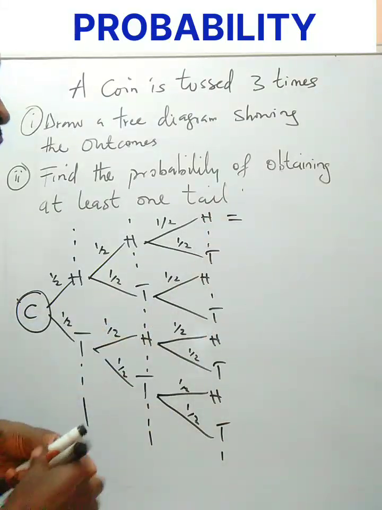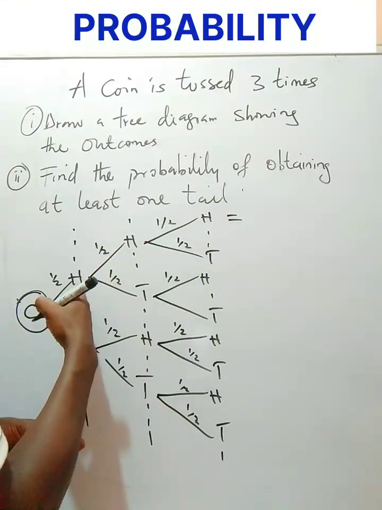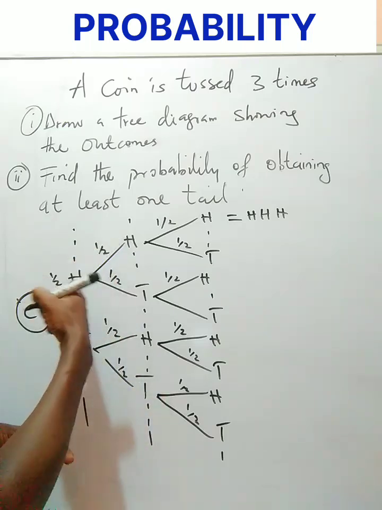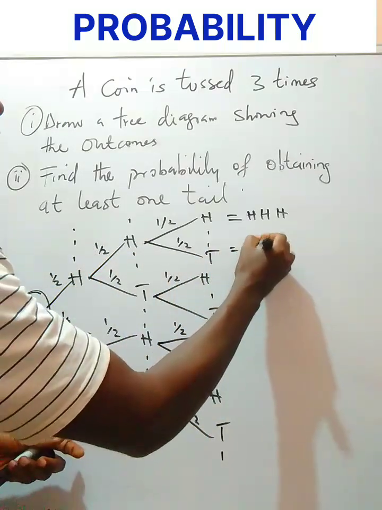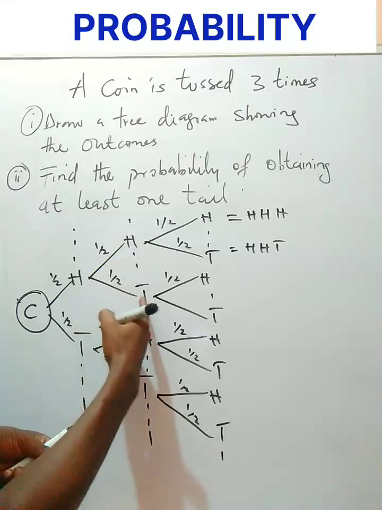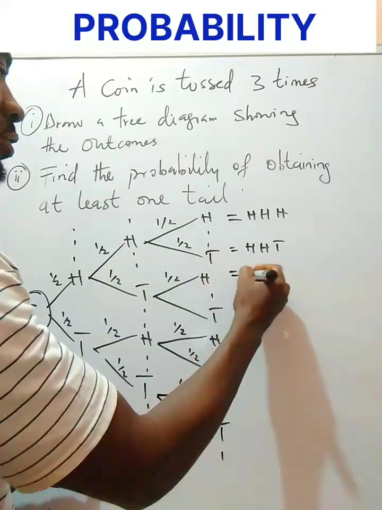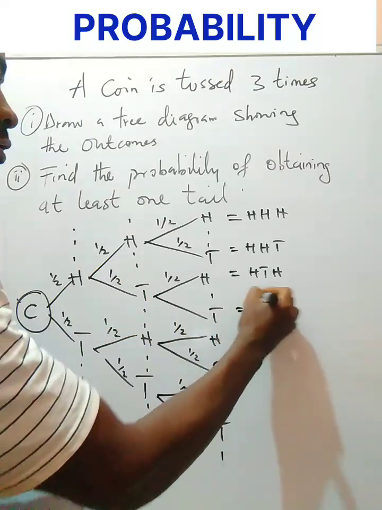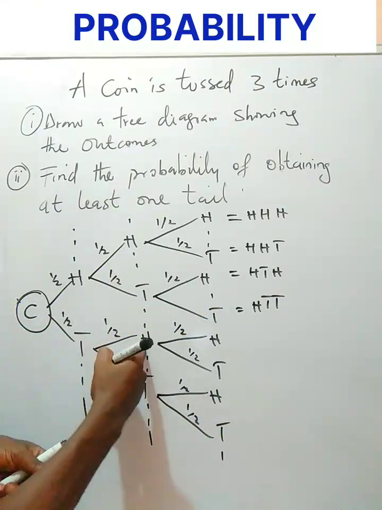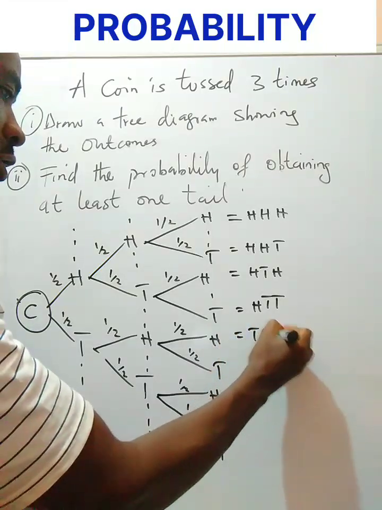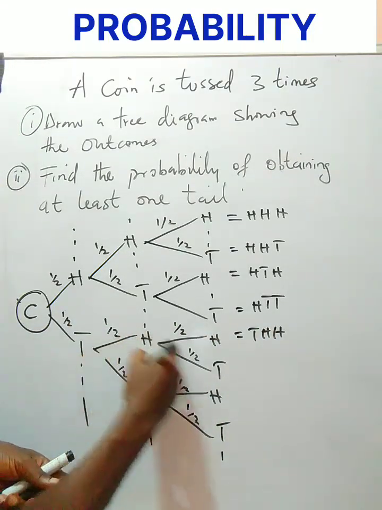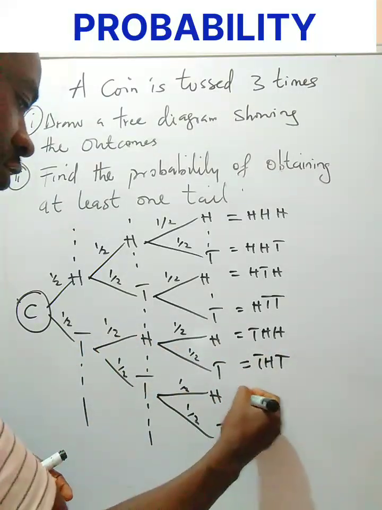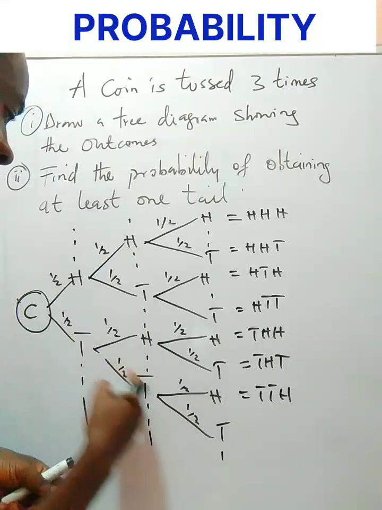Now let's get our outcomes. Following the lines, we have HHH, HHT, HTH, HTT, THH, THT, TTH, and TTT.